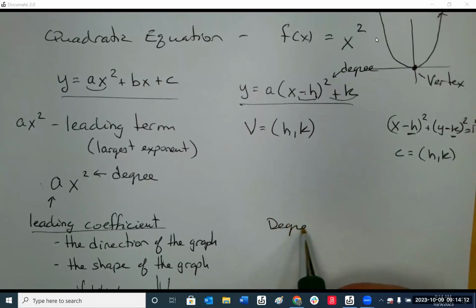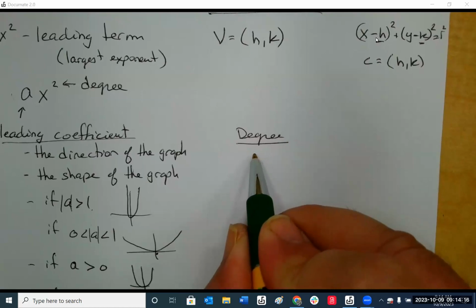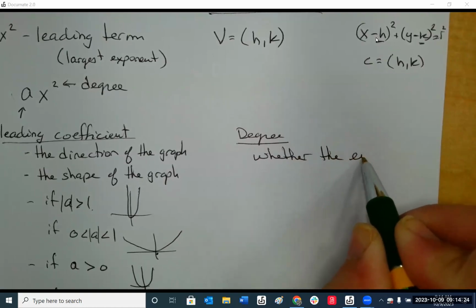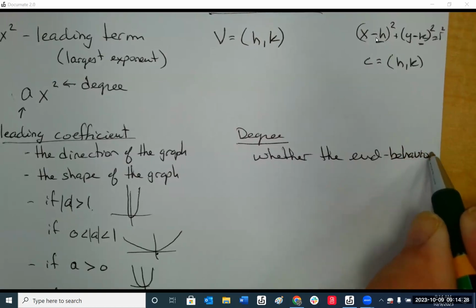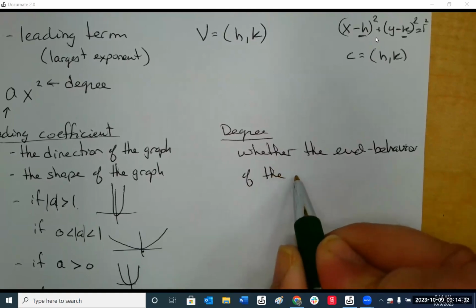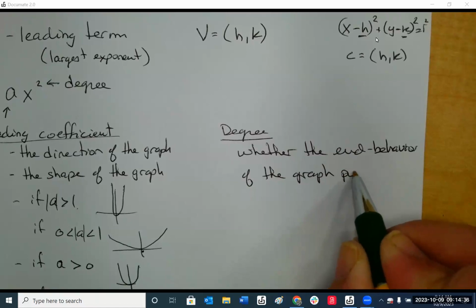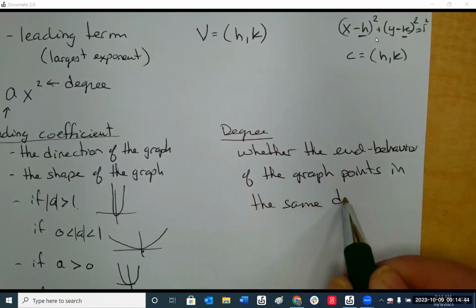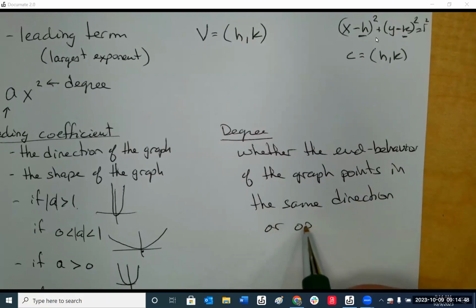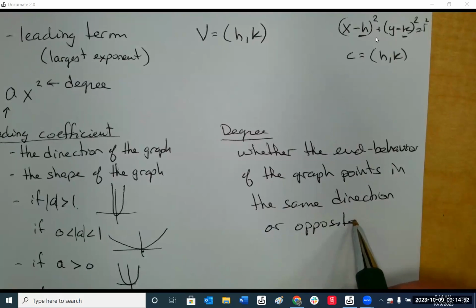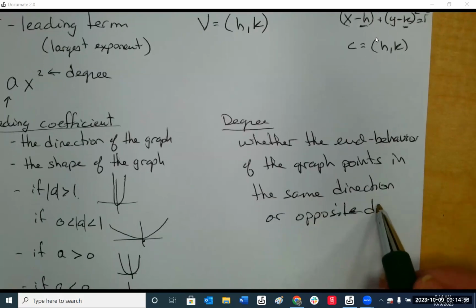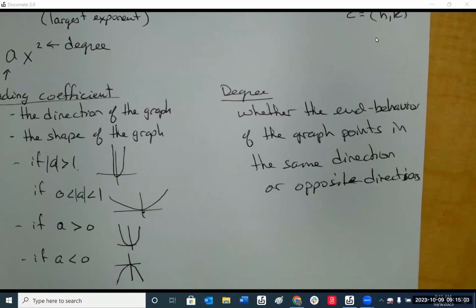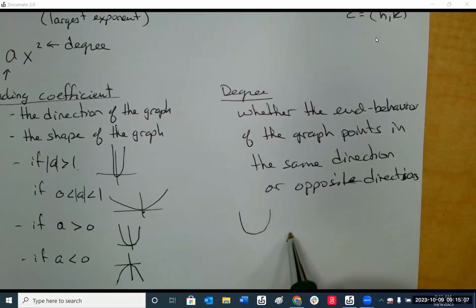The degree tells us whether the end behavior of the graph points in the same direction or opposite directions. In other words, does it look like this or does it look like this?